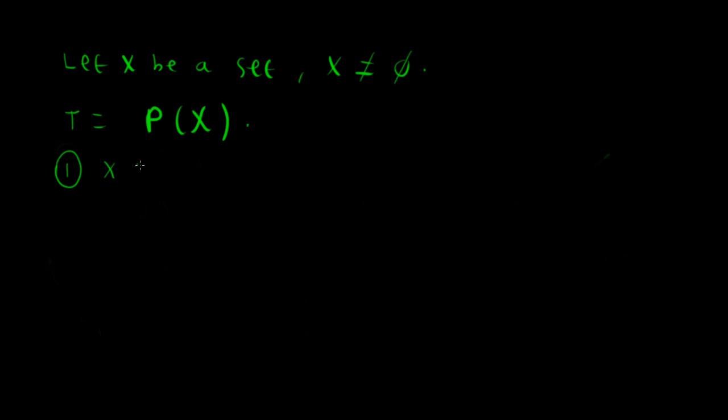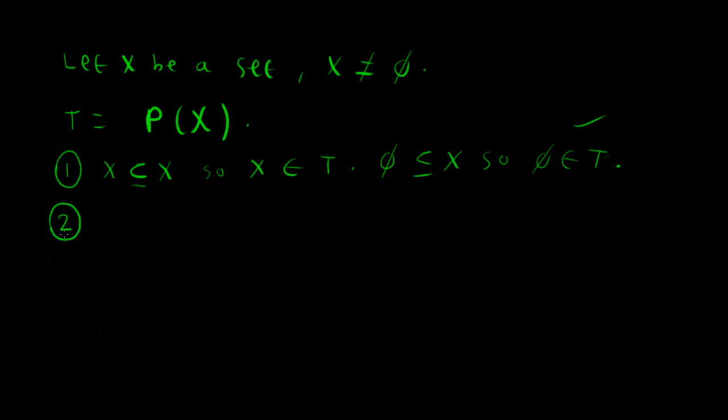So X is a subset of X, so X is in T, and the empty set is a subset of X, so the empty set is in T. Nice. Condition number 1 checked.